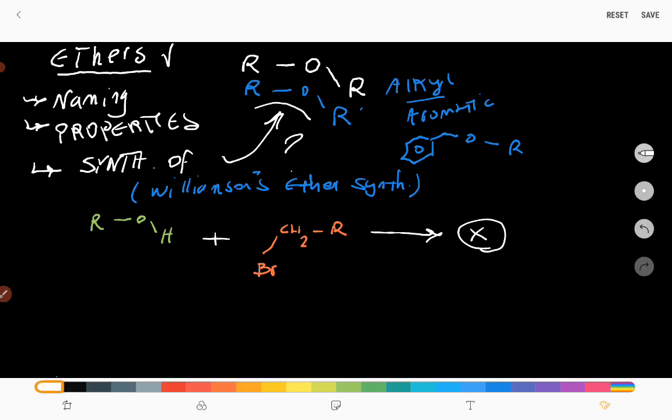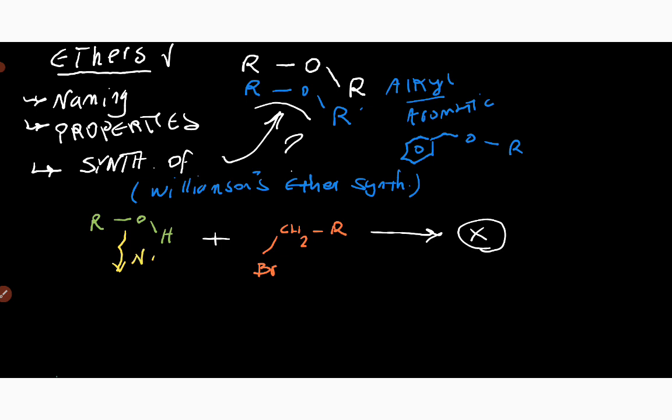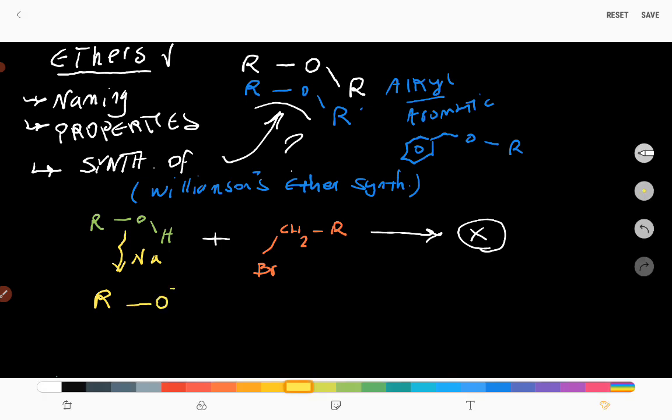If you want to make this reaction happen, you should turn the alcohol molecule into a good nucleophile. When you add some sodium to the alcohol, the result is this kind of molecule.